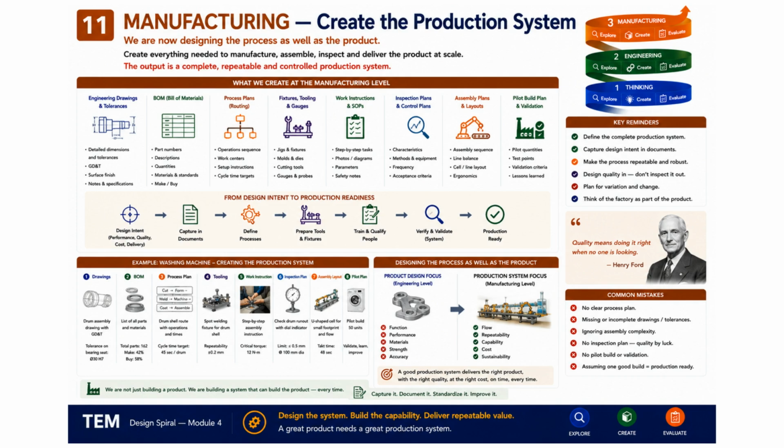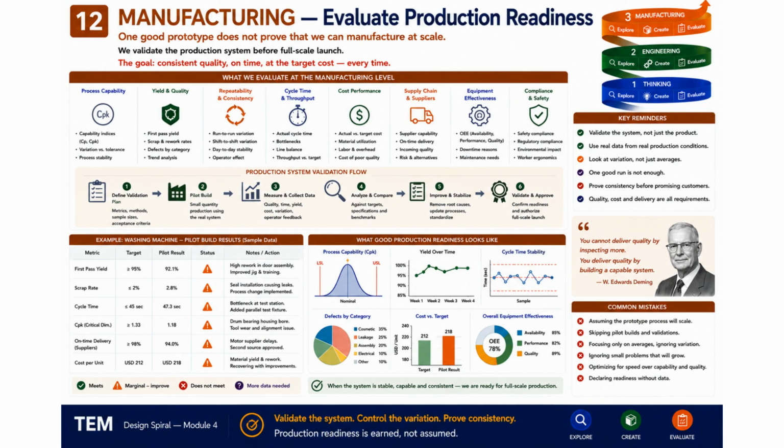A well-designed production system demonstrates that we can build the product repeatedly. So manufacturing create is not simply about making more units. It is about creating the processes, documentation, tooling, controls, and capability required to produce the right product at the right quality every time.